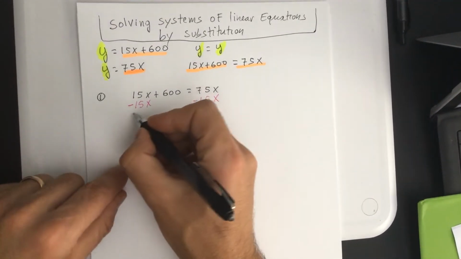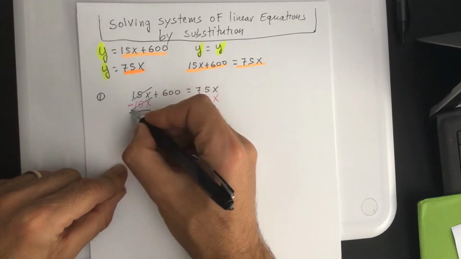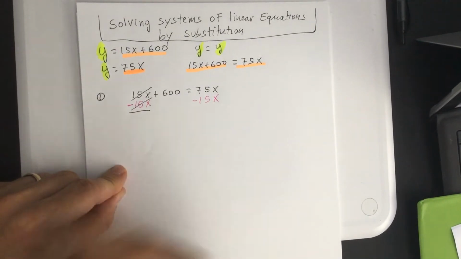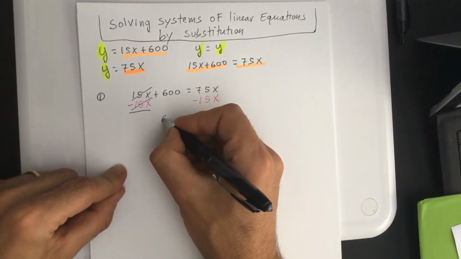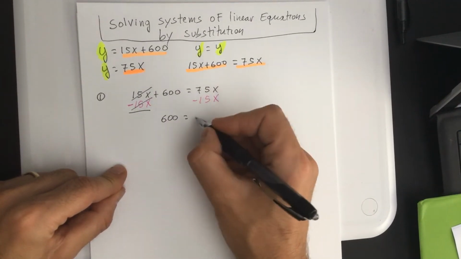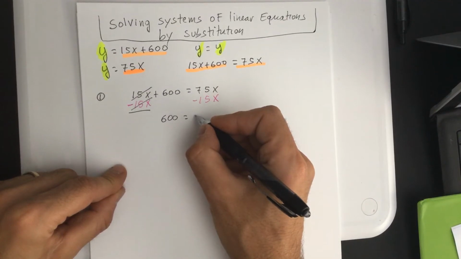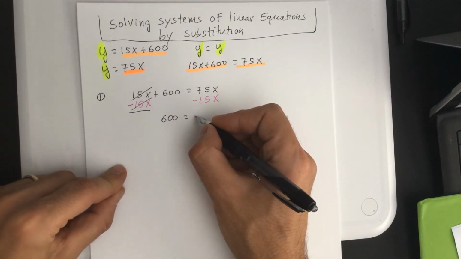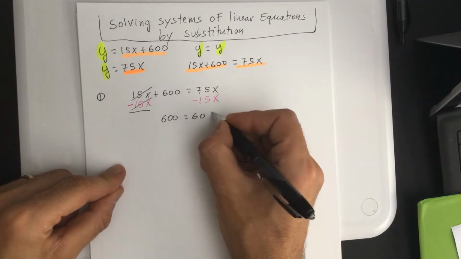And if we do that, 15x cancels with negative 15x, and what we got is 600 equal to 75 minus 15x, that's equal to 60x.